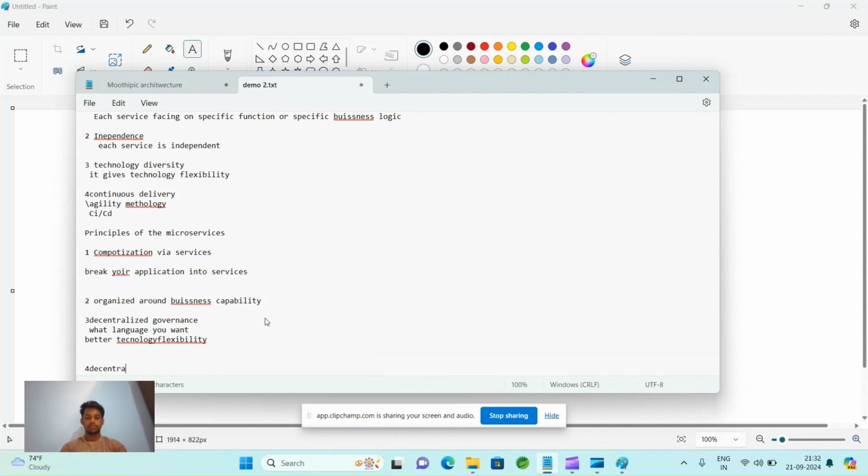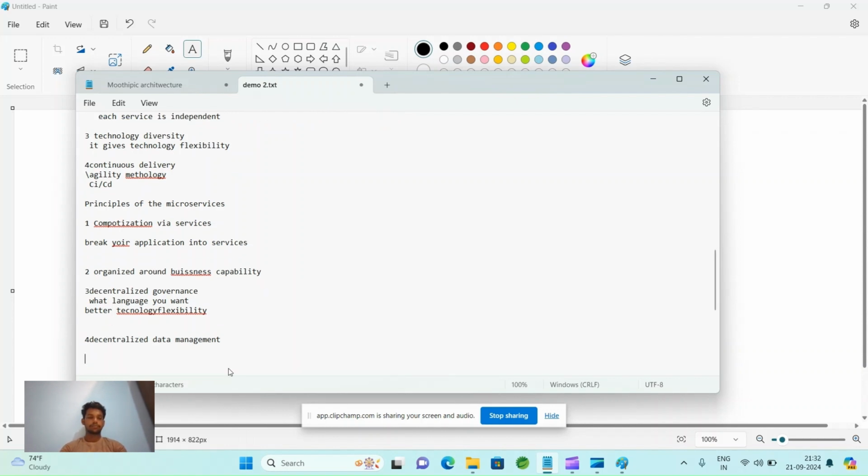Decentralized data management. Services contain separate databases, like the product service has its own database, the payment service has its own database.